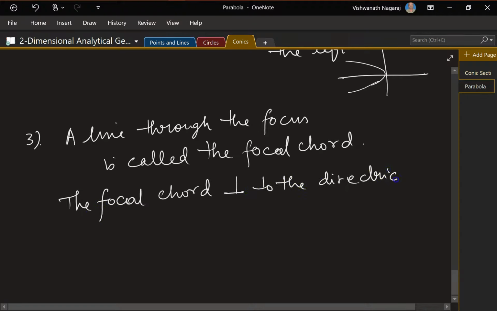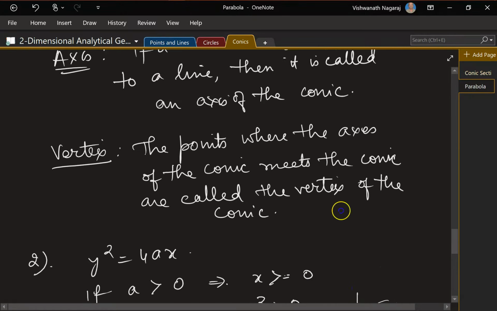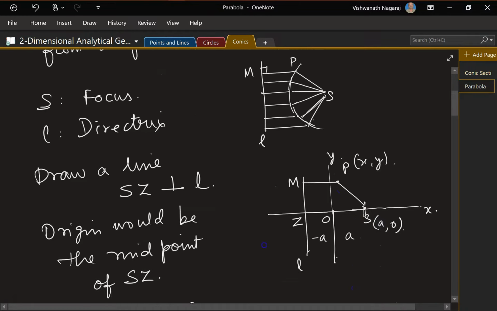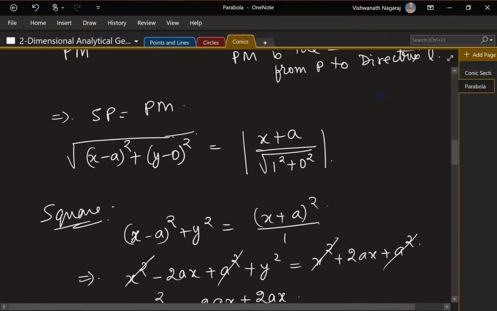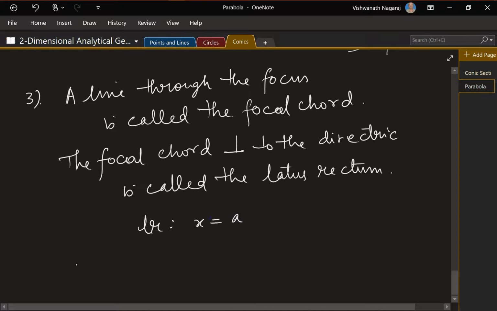Only one line would be perpendicular to the directrix, and that is called the latus rectum. If we go back here, the line going through S is x equal to a. So the equation of the latus rectum is x equal to a.